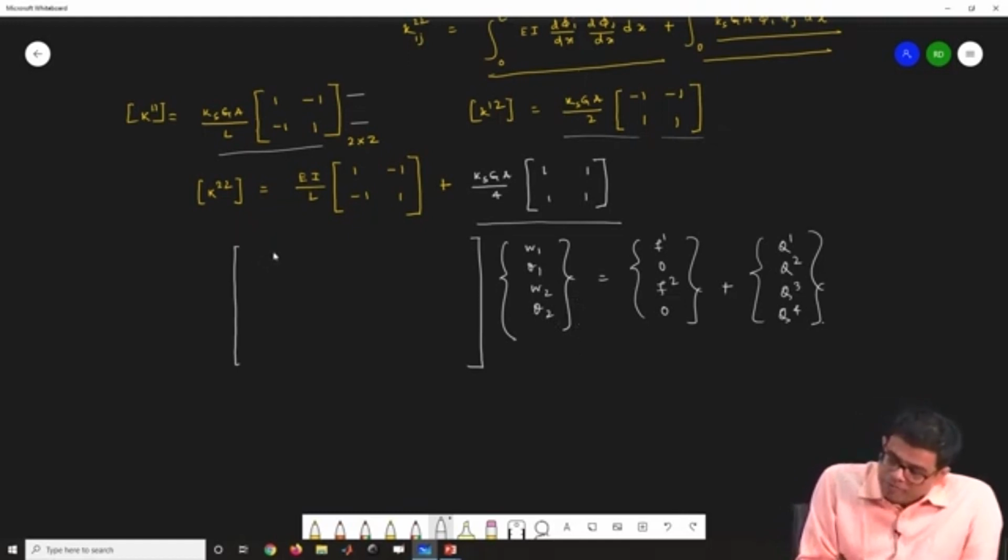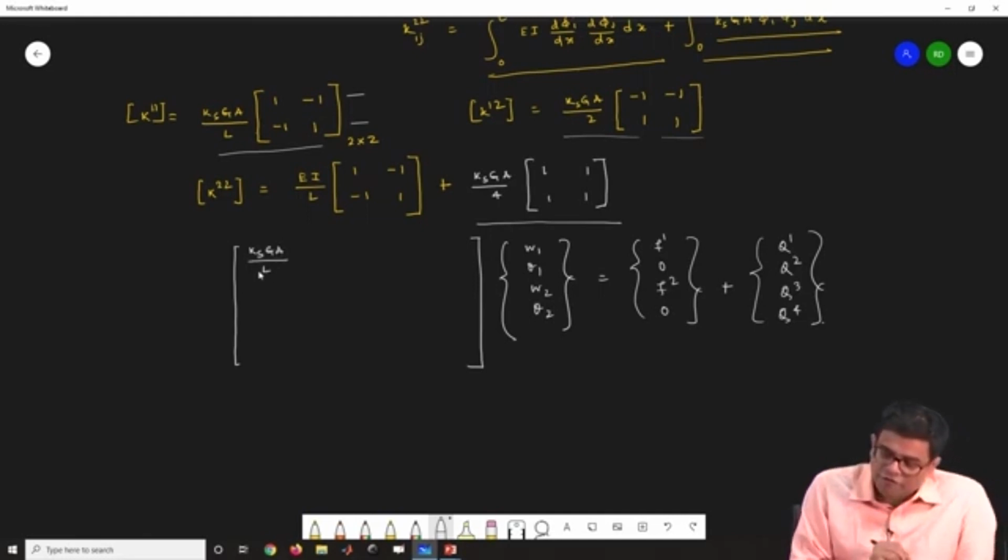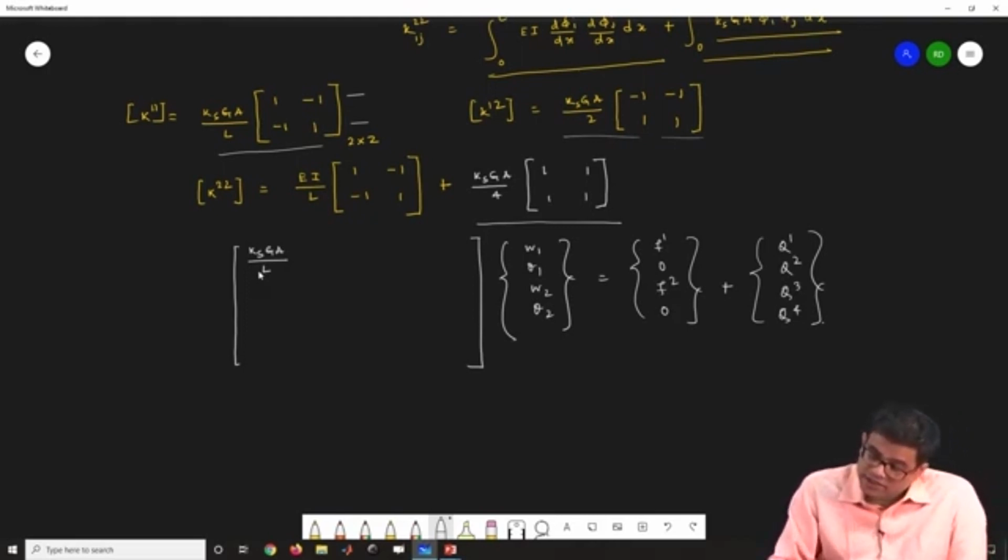So now if I write this, that is Ks Ga by L, that is my first term, and then this theta 1 term will come, which is coming from here, because this is theta 1.